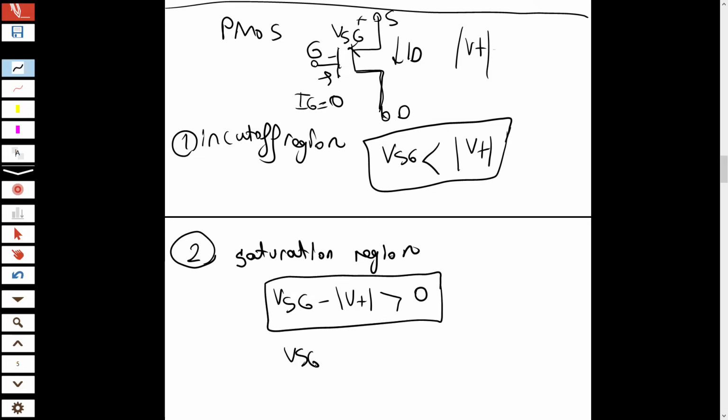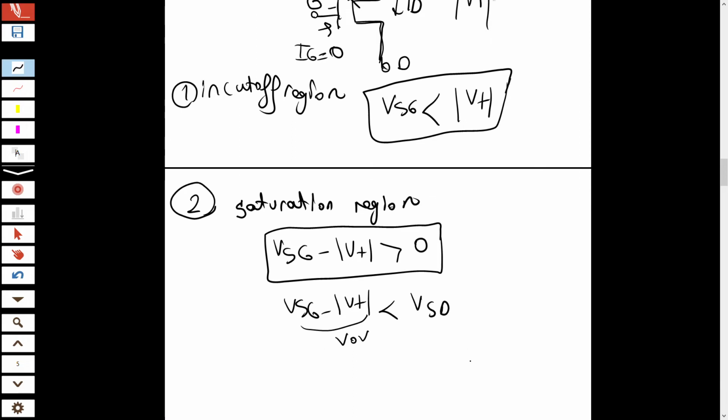Also V source G minus absolute value of V threshold is less than V source drain. Remember, in NMOS case it was VDS. We compare this V overdrive voltage with VDS in NMOS type. In PMOS type we compare it with V source drain. Why? Because source at the higher potential.